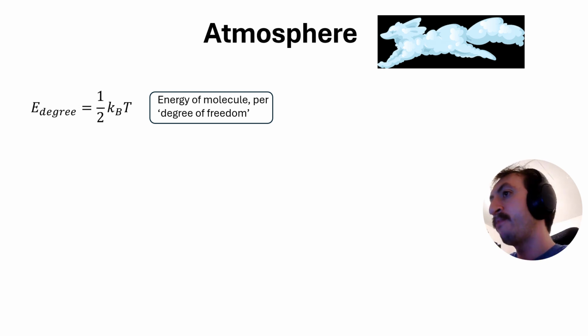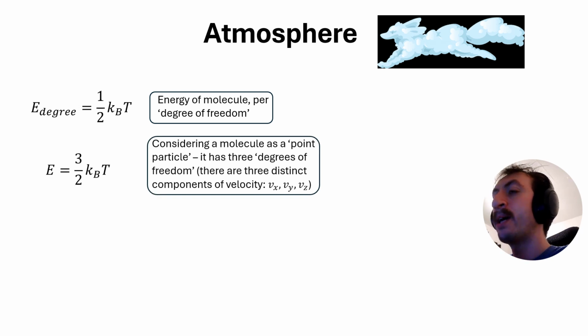Well, we have three spatial dimensions, so if we ignore degrees of freedom relating to things like atoms rotating about molecular bonds and all of that complexity, we have that the kinetic energy of a molecule is about 3/2 k_B T, because there are three independent degrees of freedom, given we have three spatial dimensions in our universe.